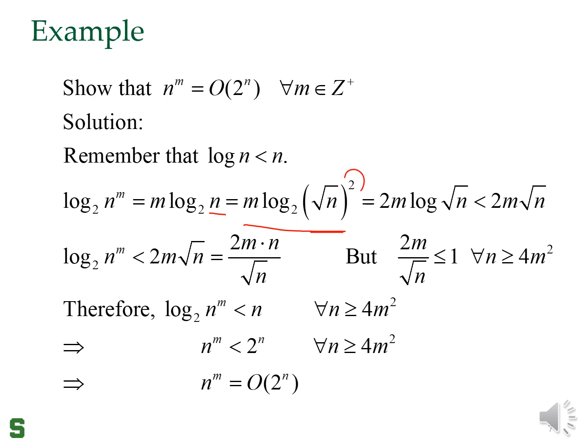We're going to take this 2 again outside, so it will be 2m log square root of n. Now I'm going to replace log square root of n by square root of n because I know that log of square root of n is less than square root of n, and that's why I have a less than introduced over here.